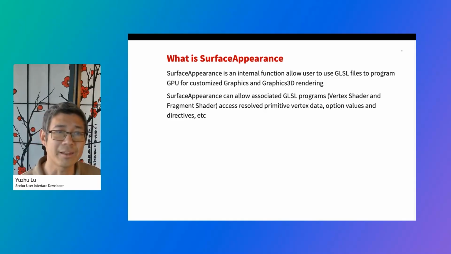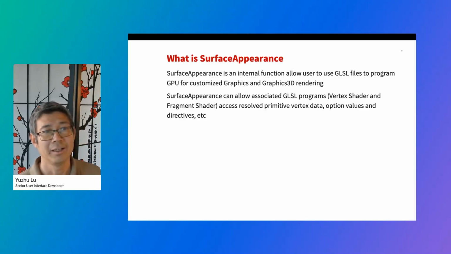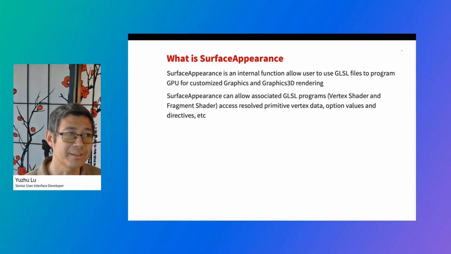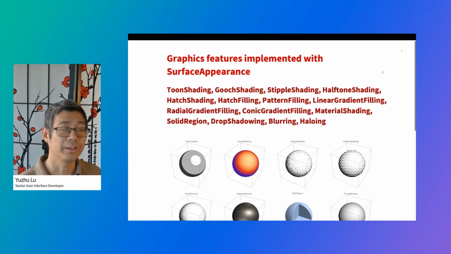Other than the program, you can also allow the associated GLSL program to access data from the primitives, like position, optional values like normals, colors, vertices, texture coordinates, and directives, and system metrics. So here is a whole list of the features that are implemented with SurfaceAppearance.